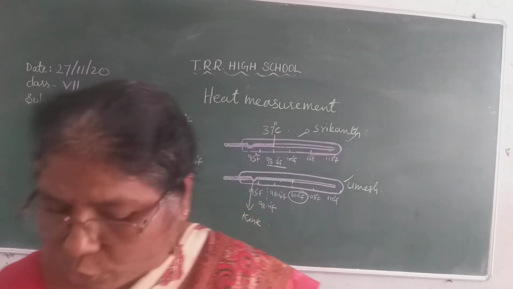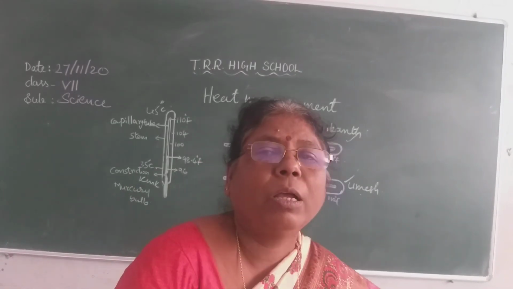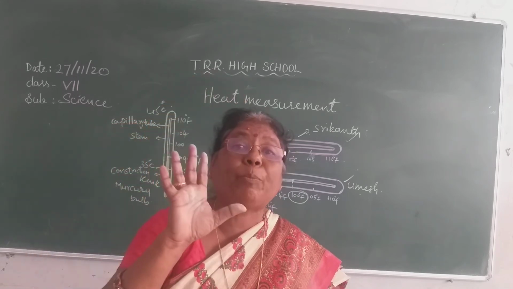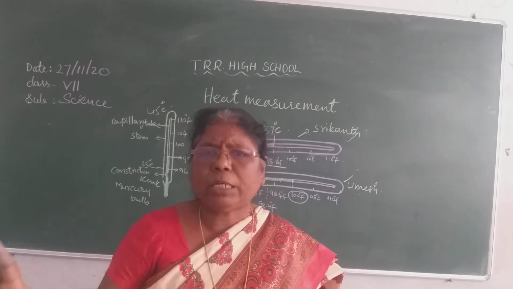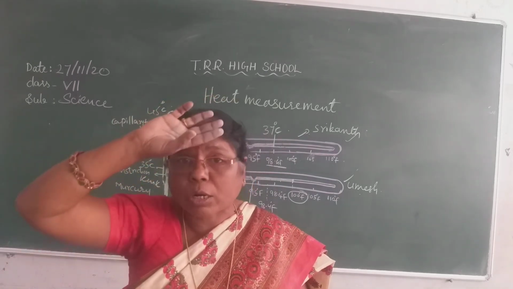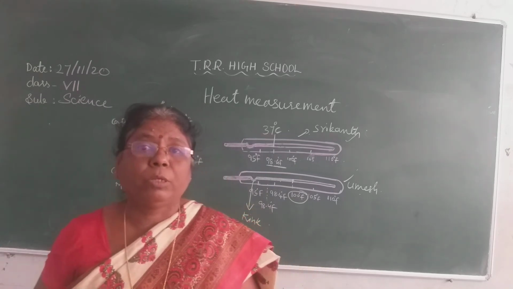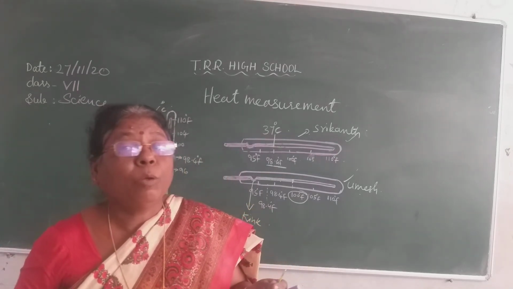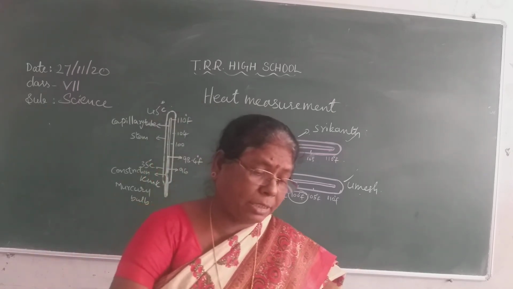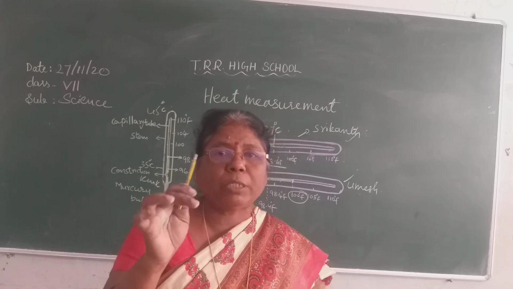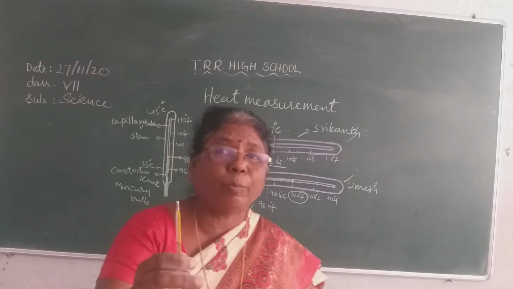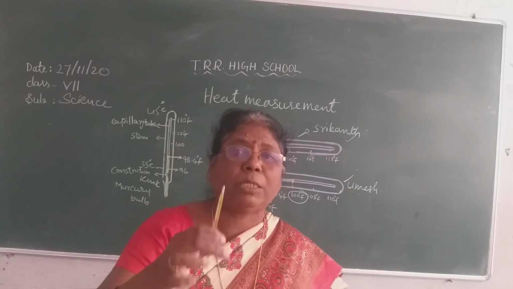So this is what we are using. Now one more question. Suppose you are suffering from fever. By touching with the hand you can say only an approximate temperature, like 101 or 102 degrees Fahrenheit, but you are not telling the exact temperature. So how to know the exact temperature? You get the accurate temperature from the thermometer only.